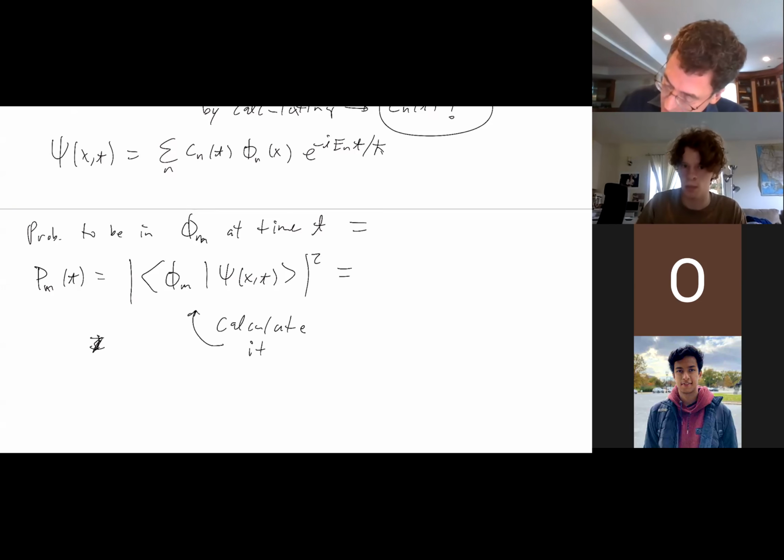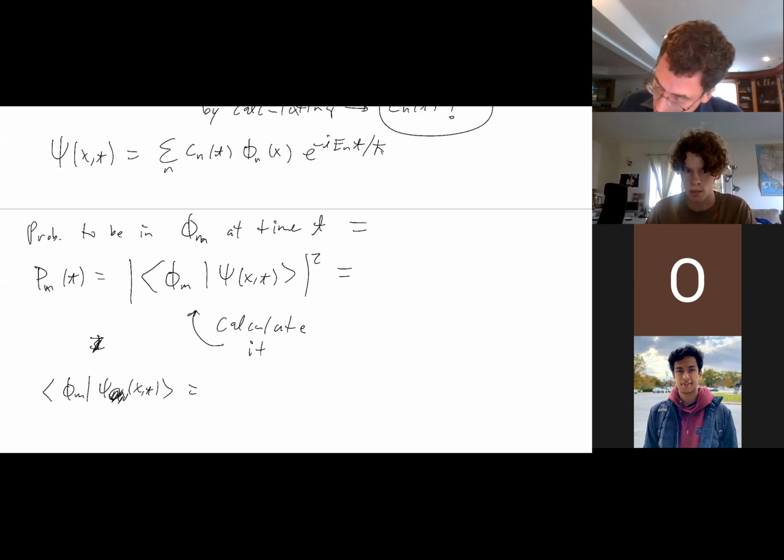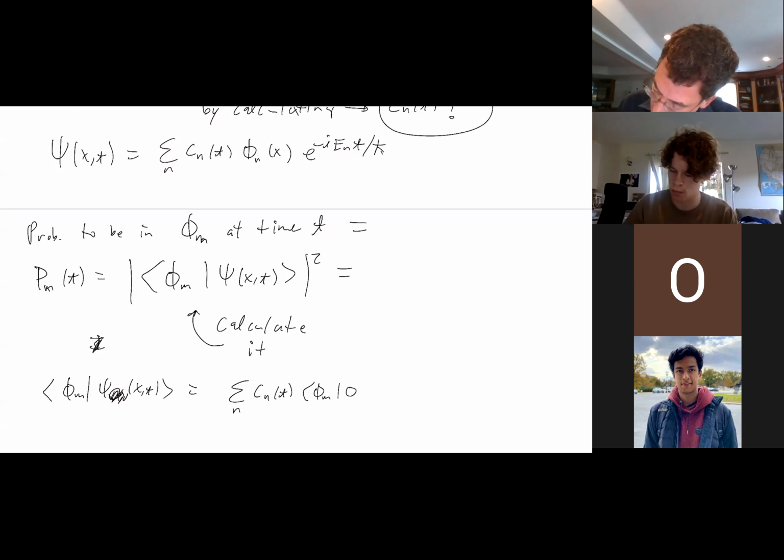Well, maybe we should just do it. First we calculate phi m with psi of x, t. So it's going to be the sum over n of Cn of t, and we'll have this phi m phi n, right, times e to the negative i En t over h bar.